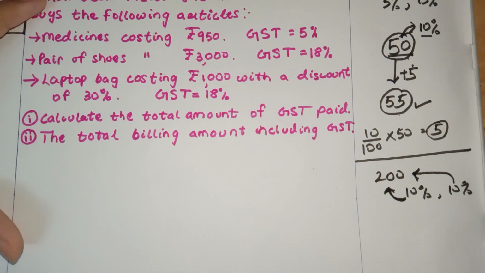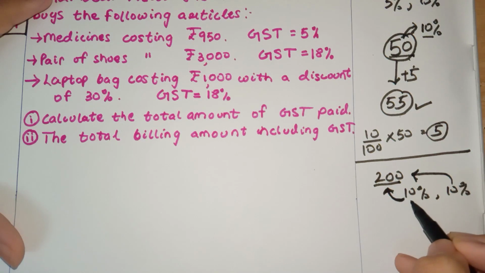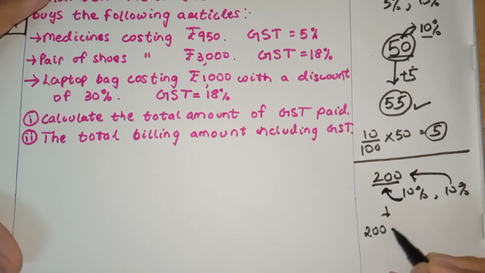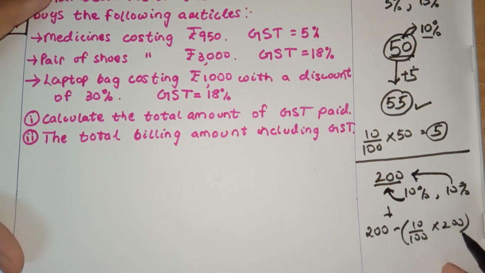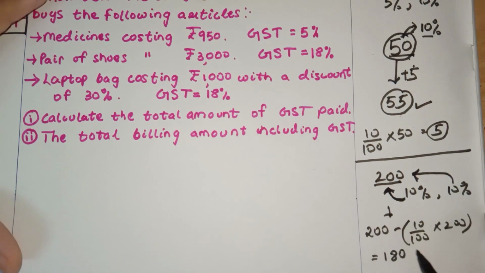See, as I told you, the GST is always applied on the final price of the thing we are purchasing. So 200 is not the final price here. The final price is the discounted price that we will pay. So let's calculate that price. It's 200 minus 10 by 100 into 200. This is the discount. So we have to pay 180 to the shopkeeper.